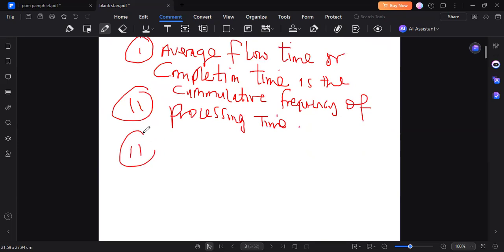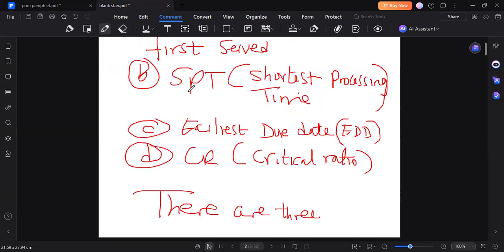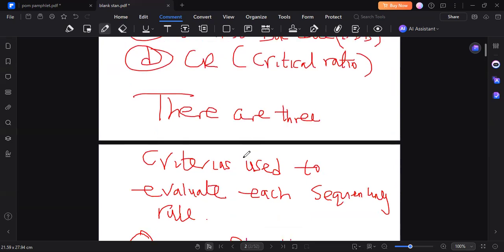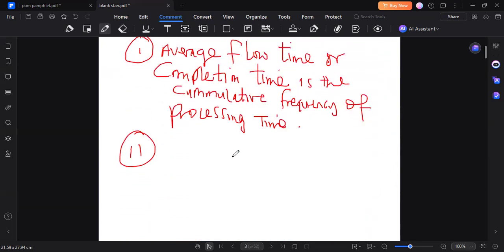Then the second criteria. To evaluate each sequencing rule, be it first come, first served, shortest processing time, earliest due date, or critical ratio, these three apply to each of them. So average flow time or completion time, then average job lateness.